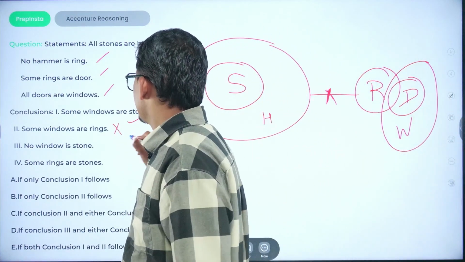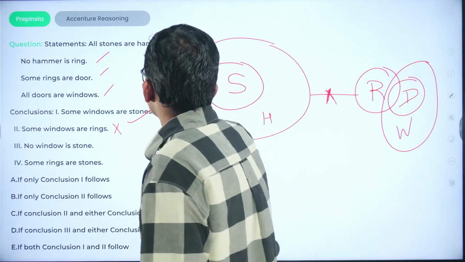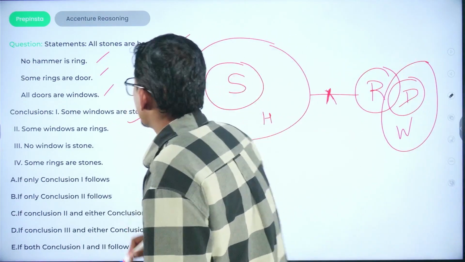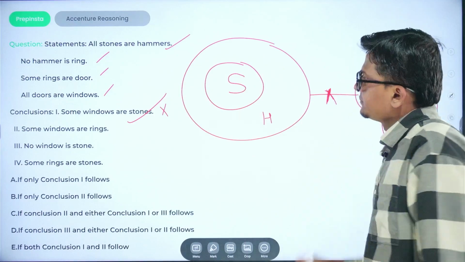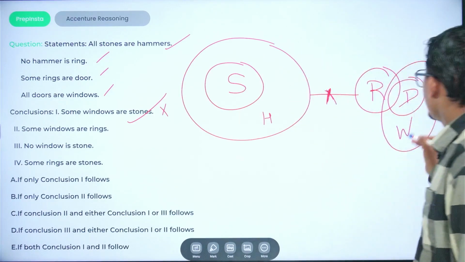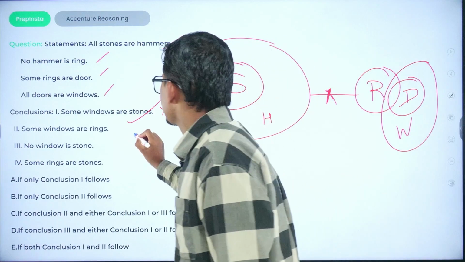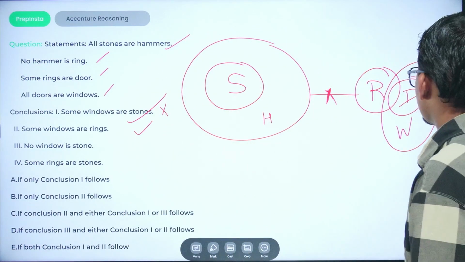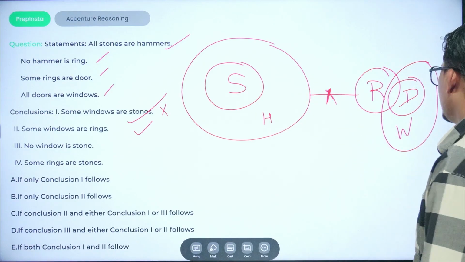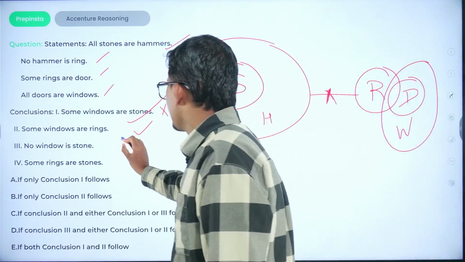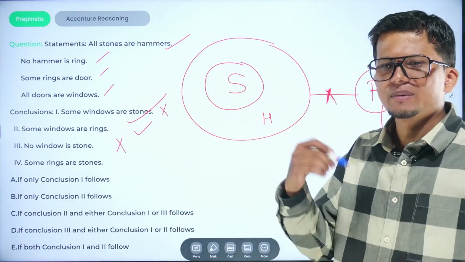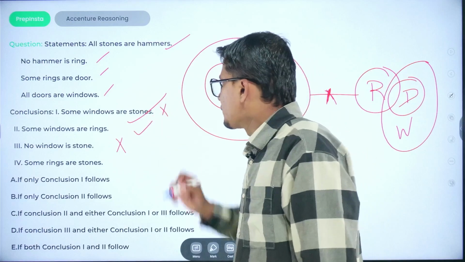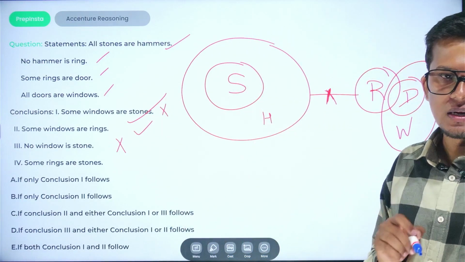So this conclusion would be a false conclusion, right? Now coming to the next conclusion. Some windows are rings. Definitely, it is a correct statement. Third conclusion is no window is a stone. We are not sure, the conclusion is not definite. Then the given conclusion is an independently wrong conclusion.